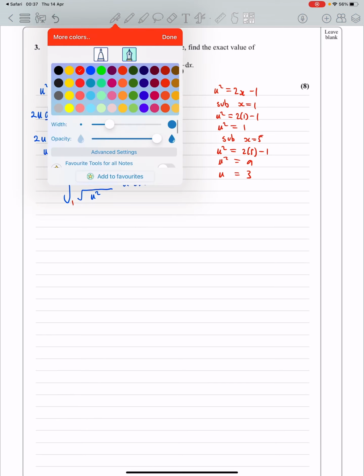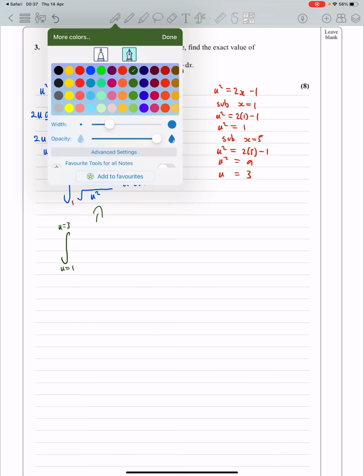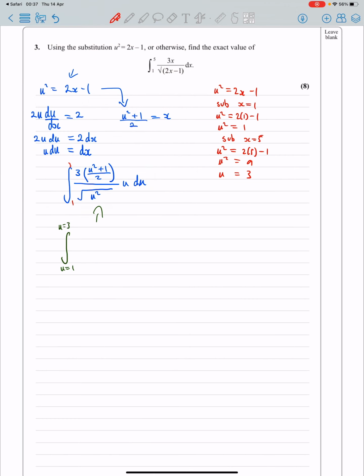Now what we need to do is just simplify our integrand. The integrand is basically just the bit that's here, fancy way of saying that. So we integrate between u equals 1 and u equals 3. Well, let's simplify a few little things. We can actually take out the 3 and we can take out this 2 as well. So that's basically 3 over 2 out here.